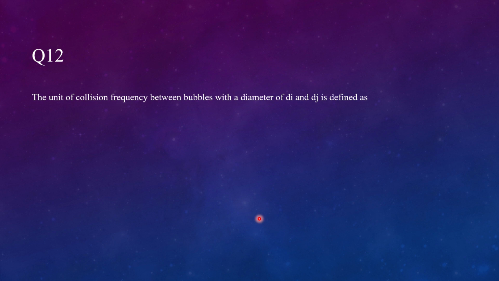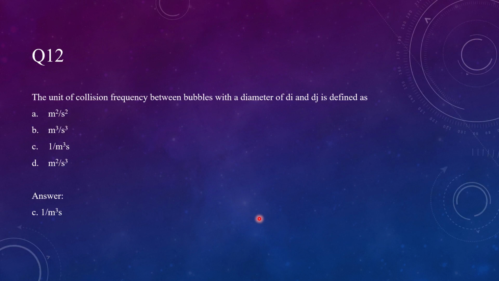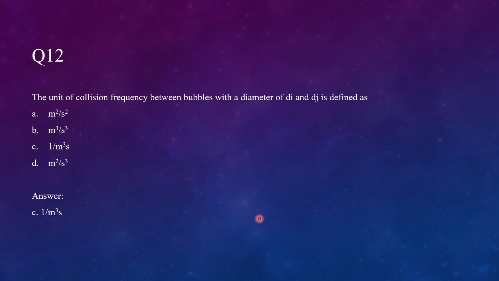The unit of collision frequency between bubbles with diameter di and dj is defined as meter square per second square, meters cube per second cube, 1 by meter cube second, or meter square per second cube. So the collision frequency, we all know it is frequency if it is per second.